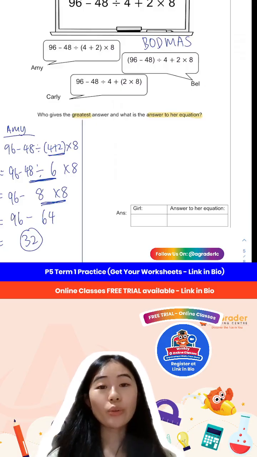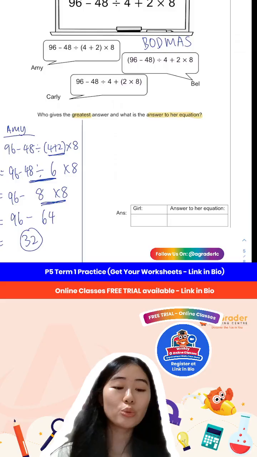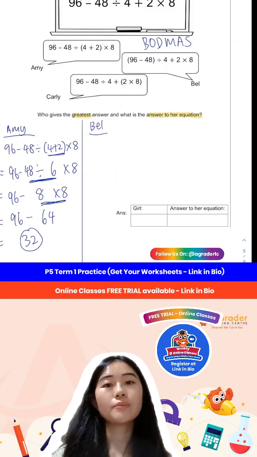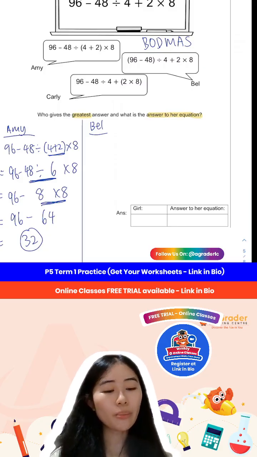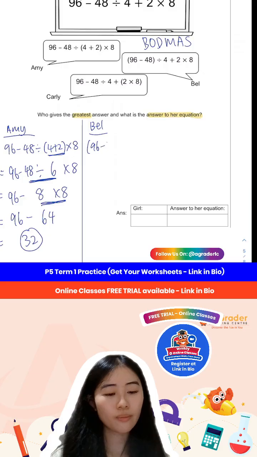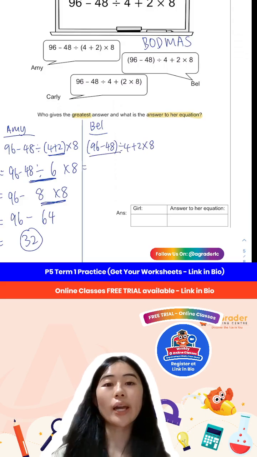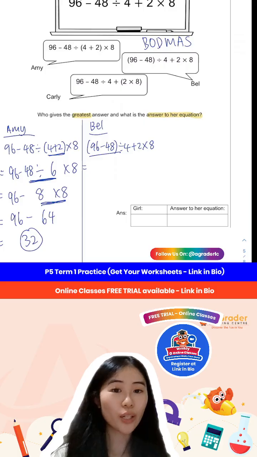Okay, so anyway, you're done with Amy. Then you should move on to check Belle. Same thing, I'm gonna copy down Belle's equation. Then of course you start solving from the bracket. That will be 96 minus 48, you get 48.